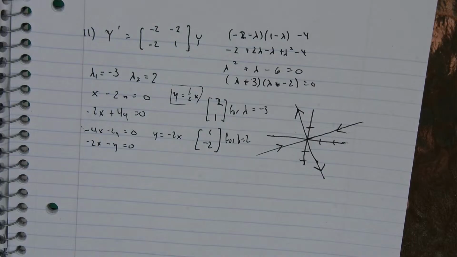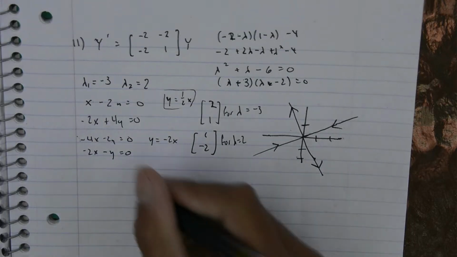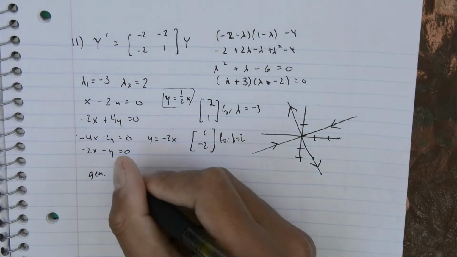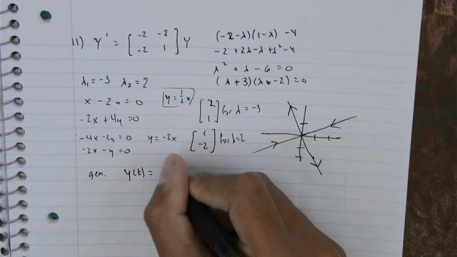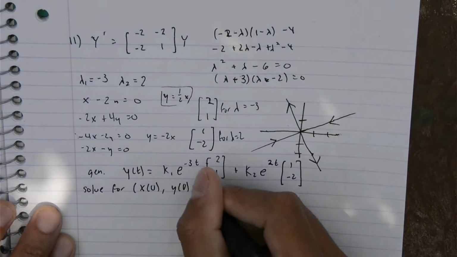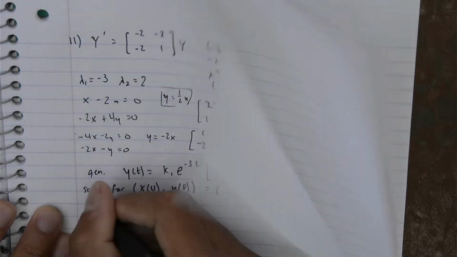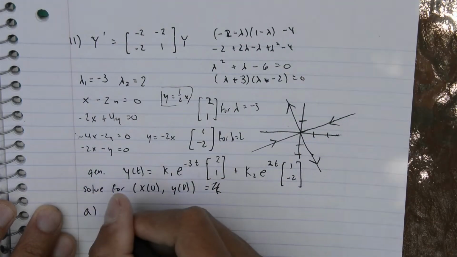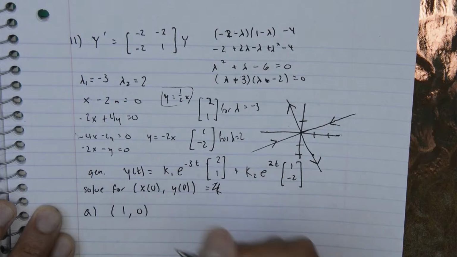Okay, so then since we have two real eigenvalues, our general solution is y of t is equal to k1 times the first eigenvector solution plus k2 times the second, with y0 equal to 1, 0.